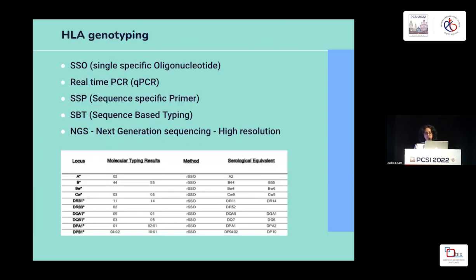So there are different tests. The most specific one is NGS, or the next generation sequencing. This is just an example of how the report would look like. It would include a number of alphabets and numbers which tell us the type of HLA proteins present on the recipient.